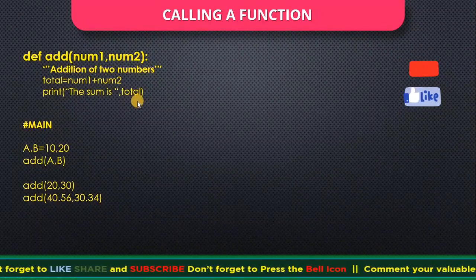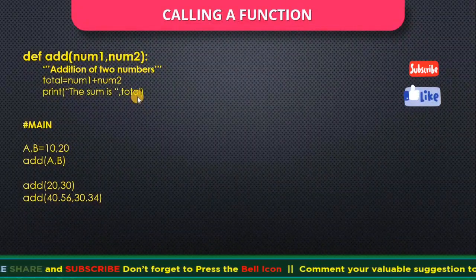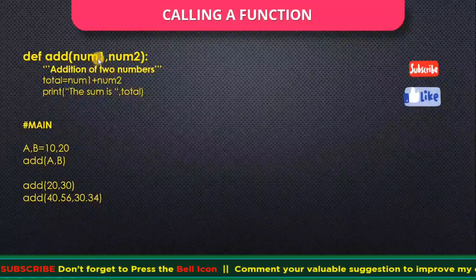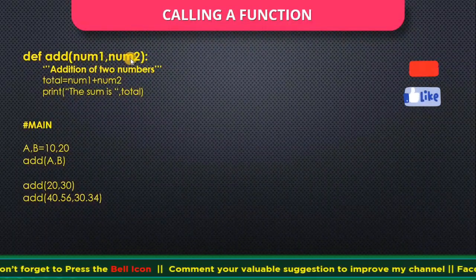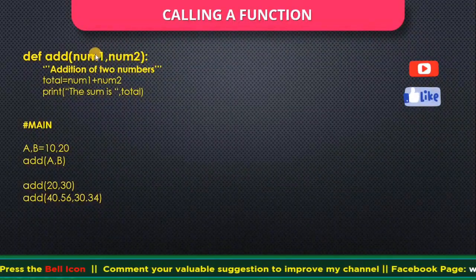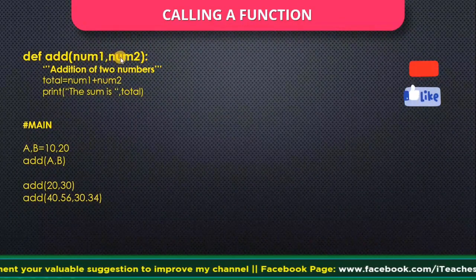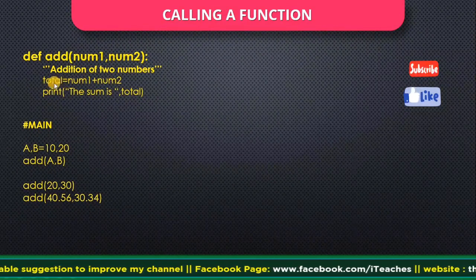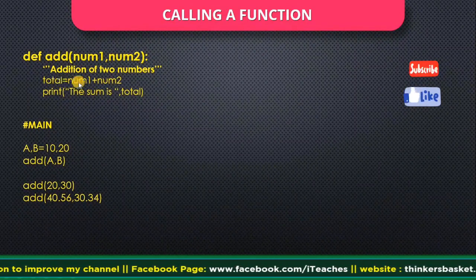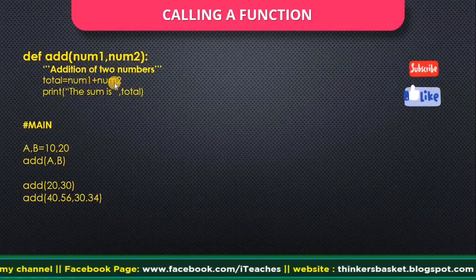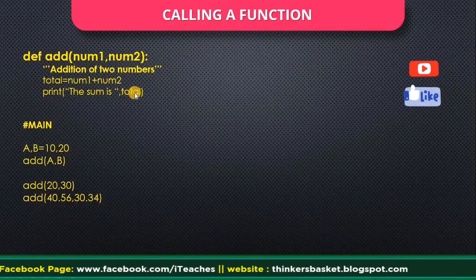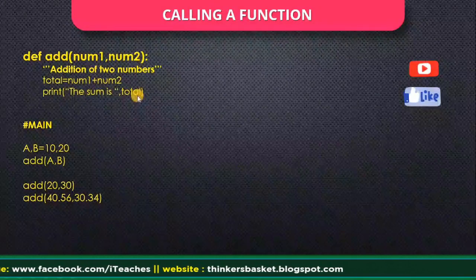As I told you earlier, num1 and num2 are the parameters which will receive values from the main program. These two values will get added, and finally total will receive the summation of these two numbers, and we will display the value of total in this print statement.